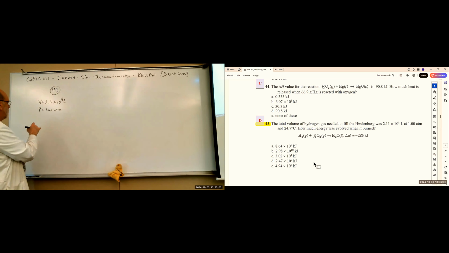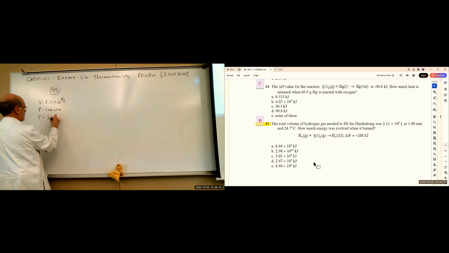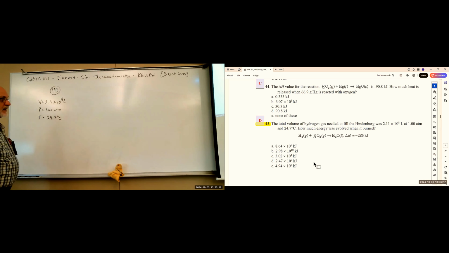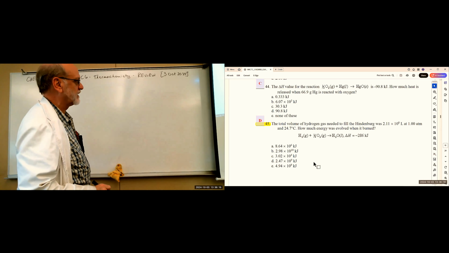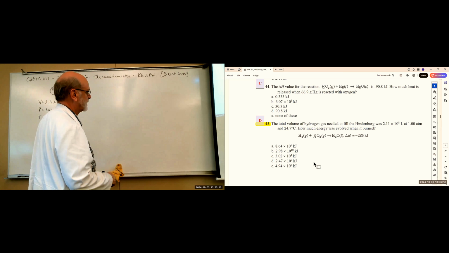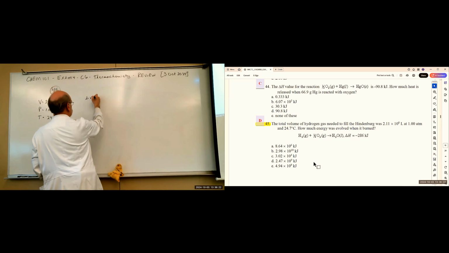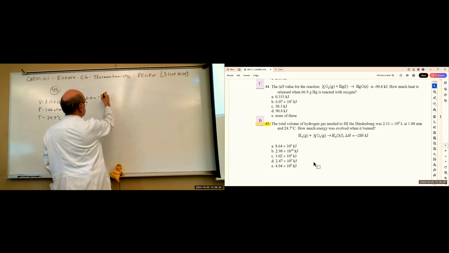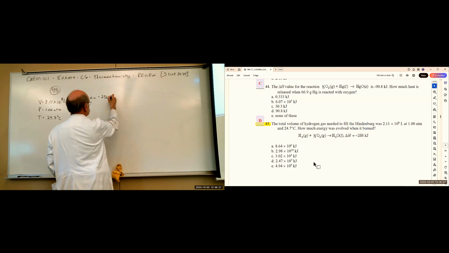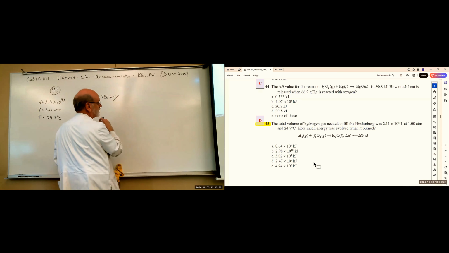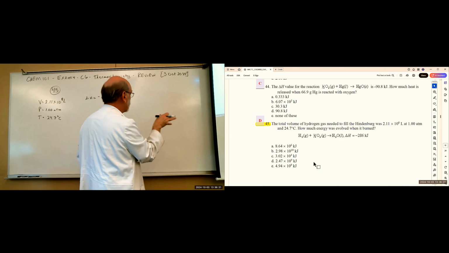And temperature is 24.7 degrees C. And we know that the delta H is minus 286 kilojoules for that reaction. So that's delta H is minus 286 kilojoules per, look at the equation, per mole of hydrogen.